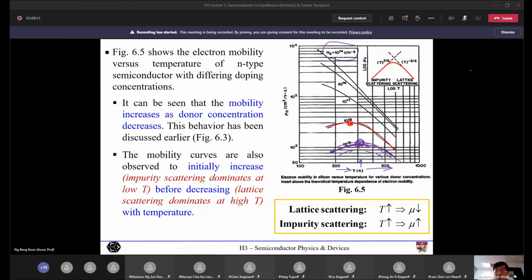If you go to even lower doping, then generally you don't see the peak in this graph, as it occurs a lot more to the left. It just decreases, because as temperature increases, it's lattice scattering that's dominating, and you get this decreasing mobility. All right.